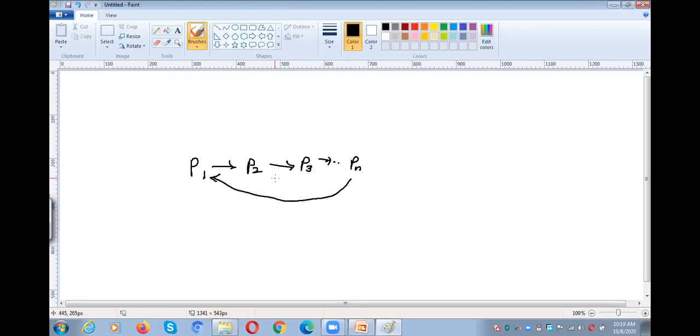So a circle is formed, right? How can we avoid this? Every time, the process needs to request or wait for the resource which is allocated to the next process. It should not request from the process which has the minimum process number. That means P2 has to wait for P3 or P4 or P5. It should not wait for the resource which is available at P1.